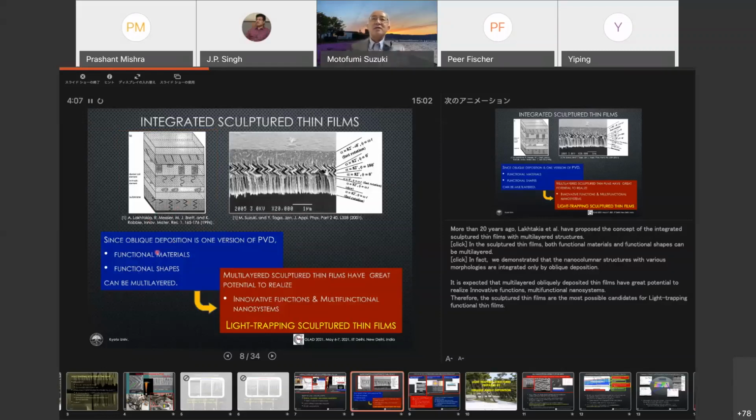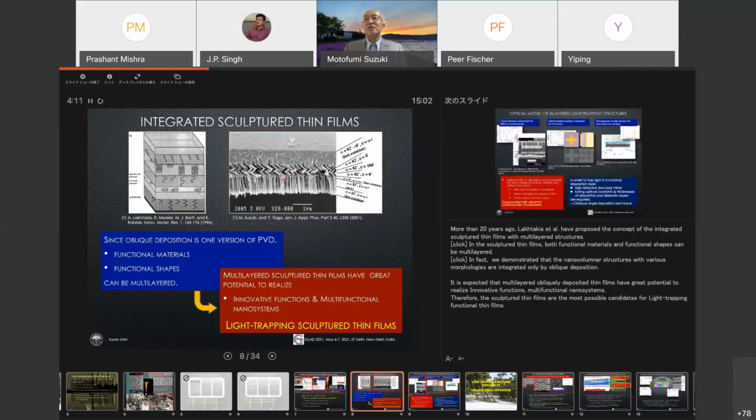In fact, we have already demonstrated that nanocolumnar structures with various morphologies can be integrated only by the oblique angle deposition technique. So it is expected that multi-layered obliquely deposited thin films have great potential to realize innovative functions and multifunctional nanosystems. Therefore, sculptured thin films are the most promising candidate for light trapping functional thin films.